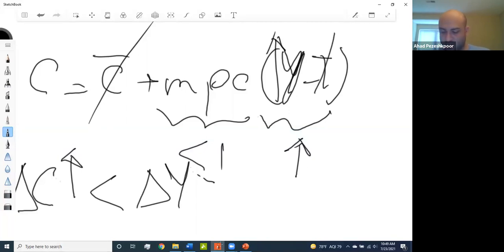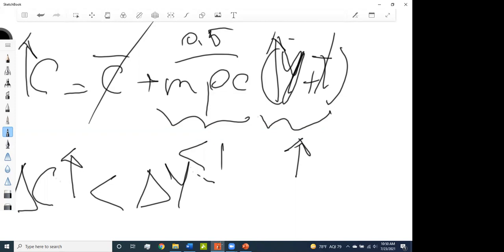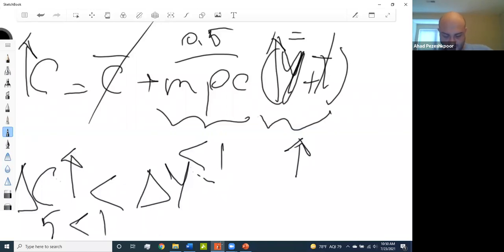Assume taxes are also zero. If your output goes up by 10 and your MPC is, let's say, 0.5, your C will go up by how much? 5. And 5 is less than 10.